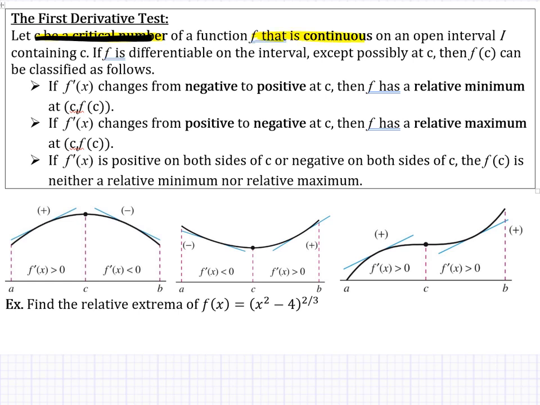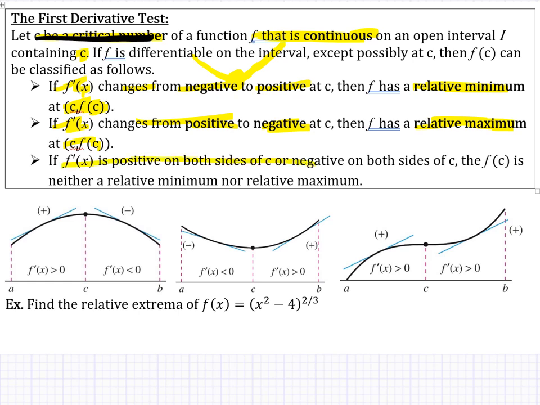And that function's continuous, which means it exists at c itself, okay? Then what we could say is if the derivative changes from negative to positive, so we go from decreasing to increasing, then that location will be a relative minimum as long as this point f of c exists. If the derivative changes from positive to negative, then we'll have a relative maximum.